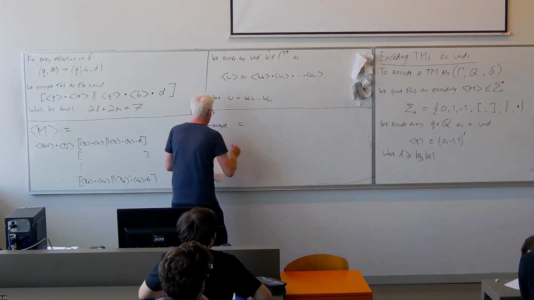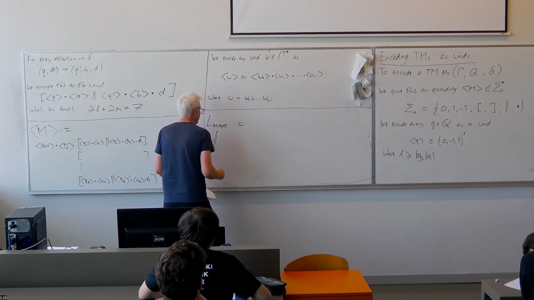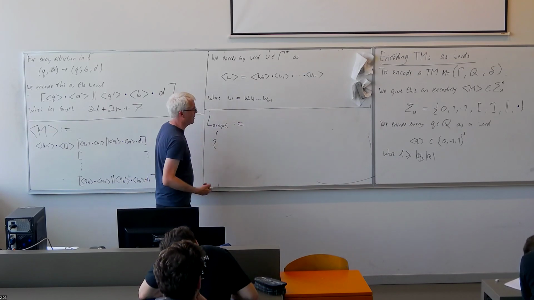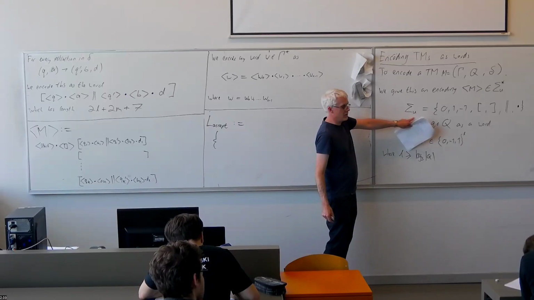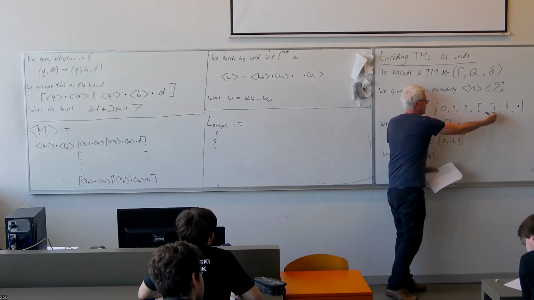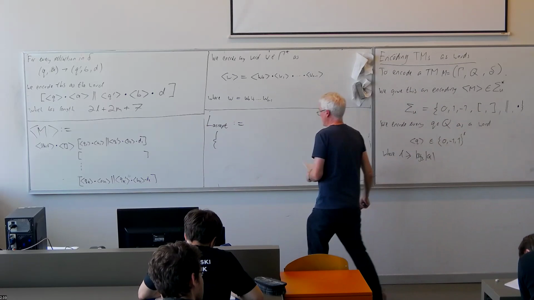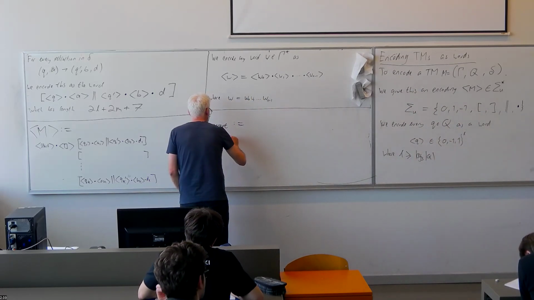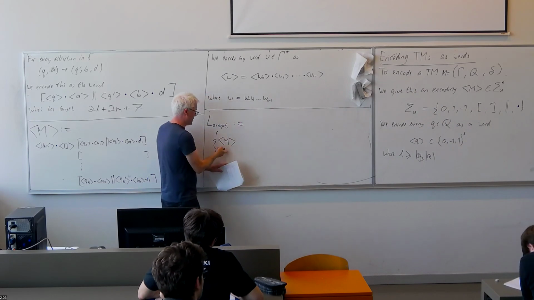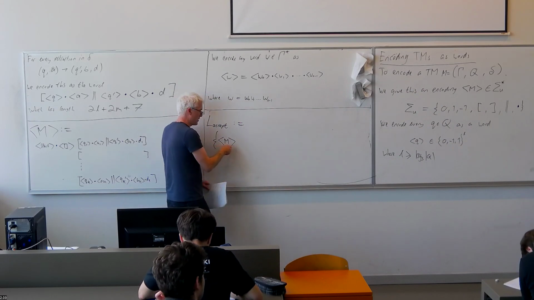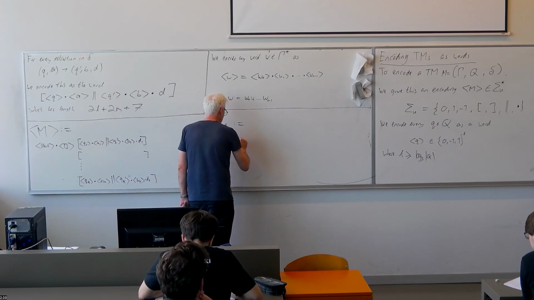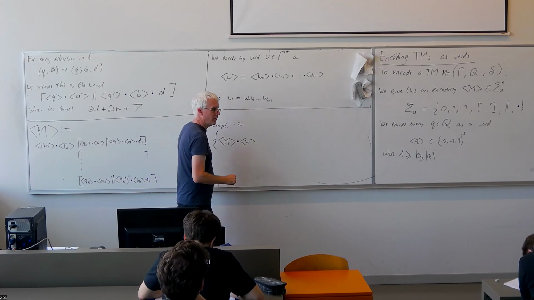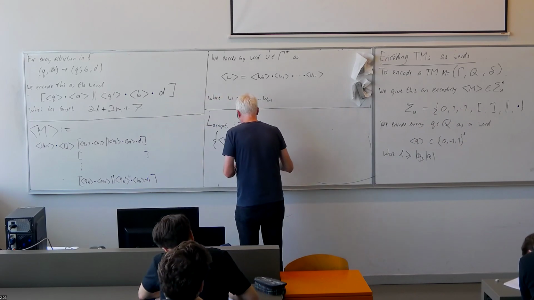So L accept is defined to be a language over the alphabet sigma u. So it's a collection of words, a set of words of these symbols. And it consists of those words that arise as an encoding of a Turing machine, followed by a bullet, followed by an encoding of a word W.